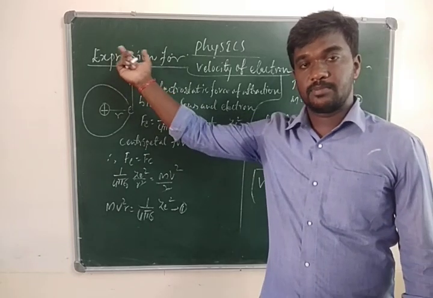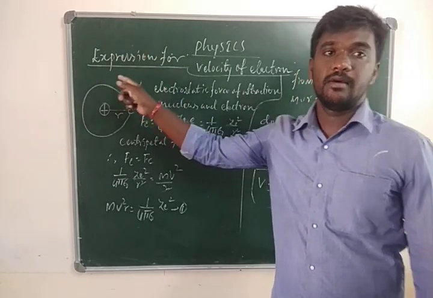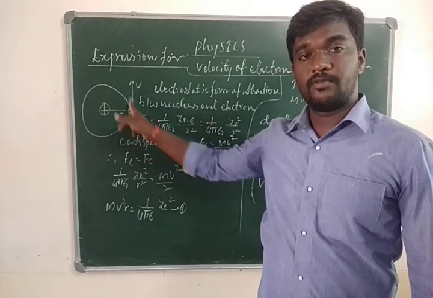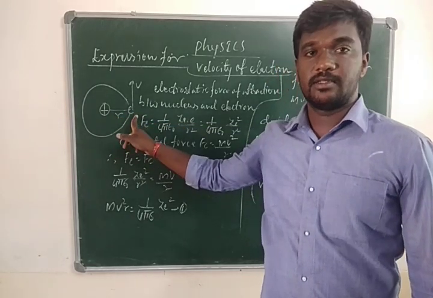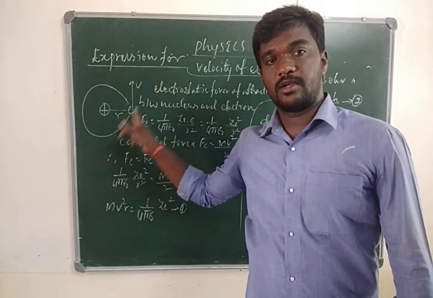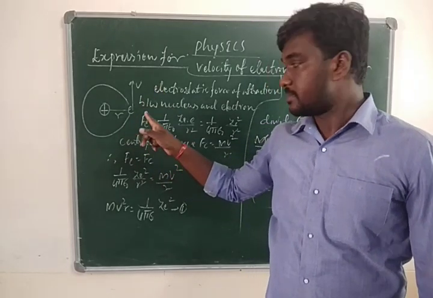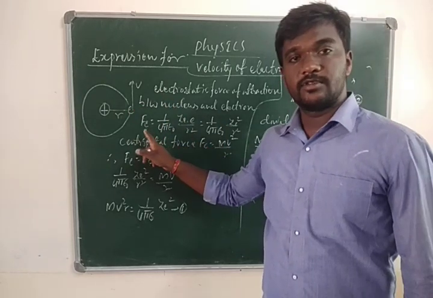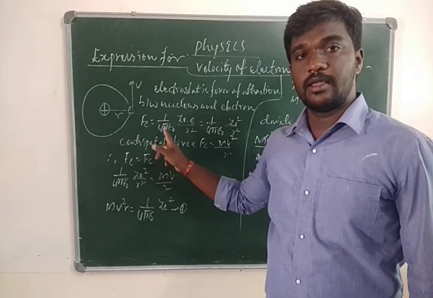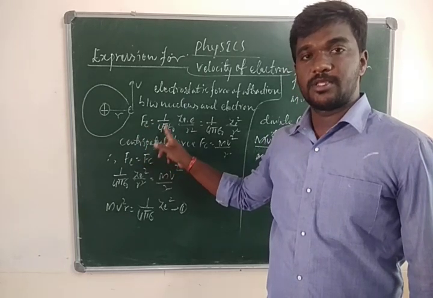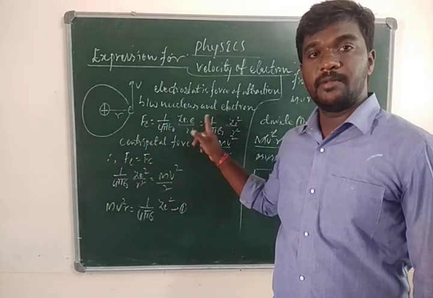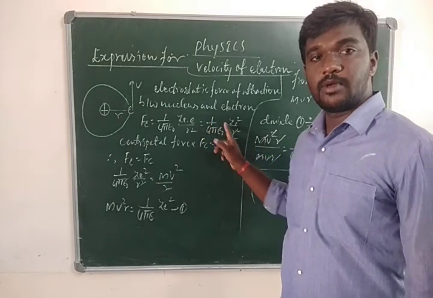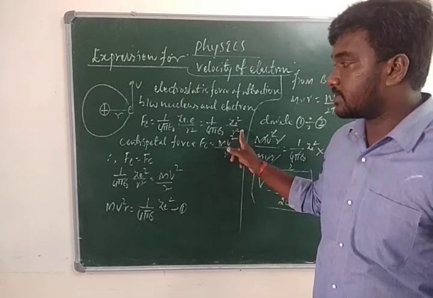Can we quickly recall? This is the nucleus, and the electron revolves around it. The electrostatic force of attraction between the nucleus and the electron provides the centripetal force. The electrostatic force is 1 by 4 pi epsilon naught Ze square by r square.